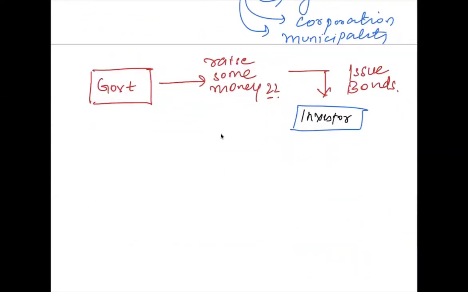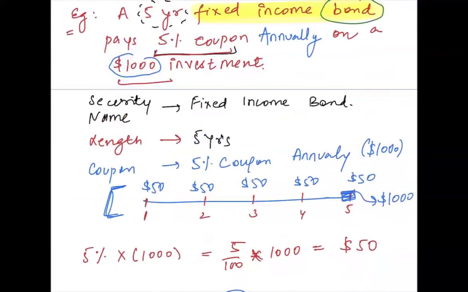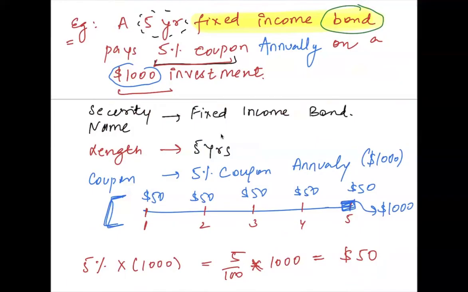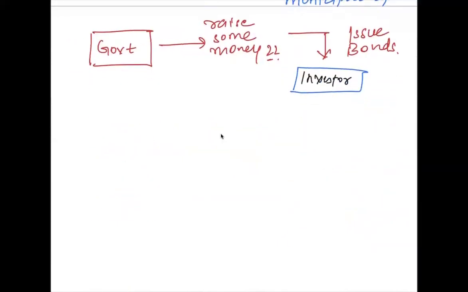When we buy the bond, if you remember in this example, we were paying the initial investment to the entity, $1,000. So when the government wants to raise some money, they'll issue certain bonds, and investors like us pay some money upfront, let's say $1,000.